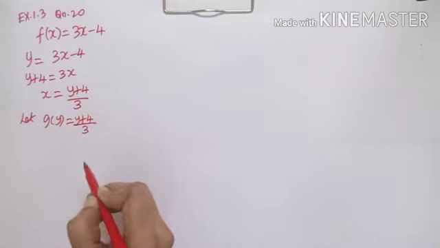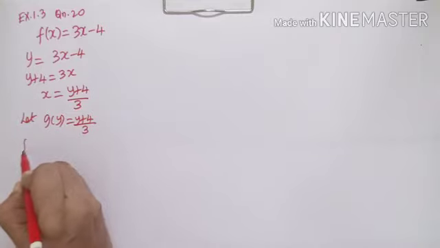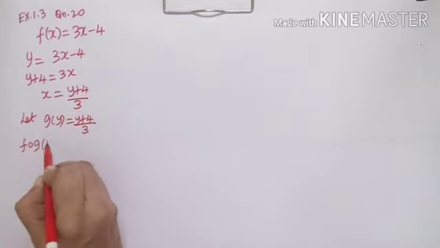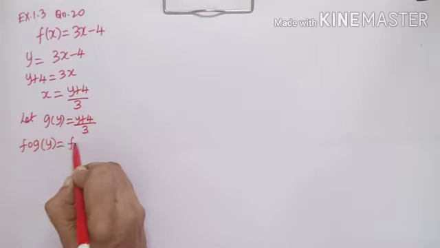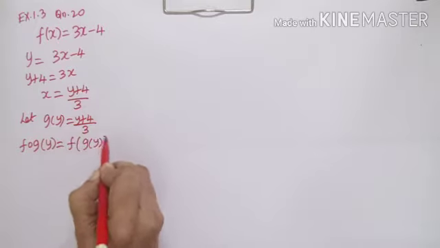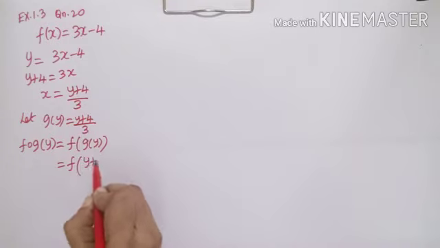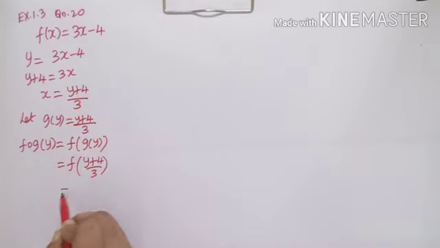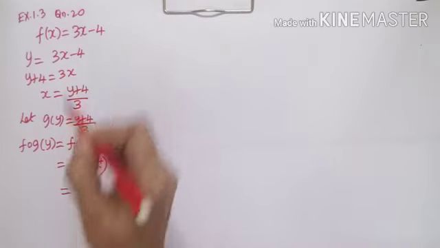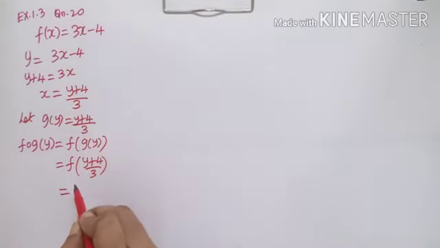Now we need to find out f composition g of y, that is f of g of y. What is g of y? (y plus 4) by 3. What is f actually? 3x minus 4.